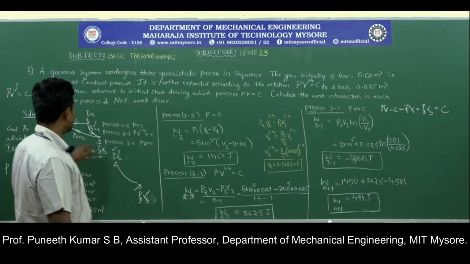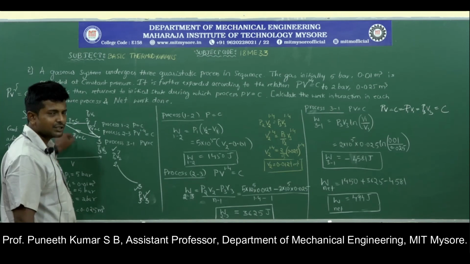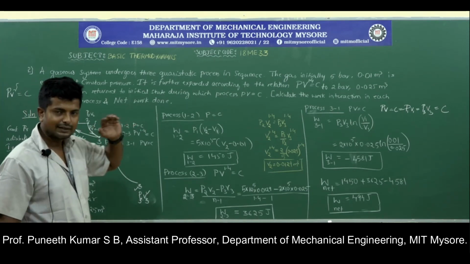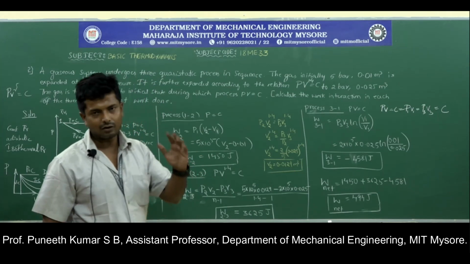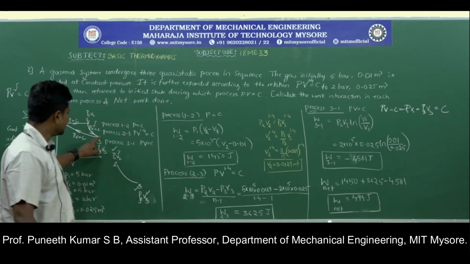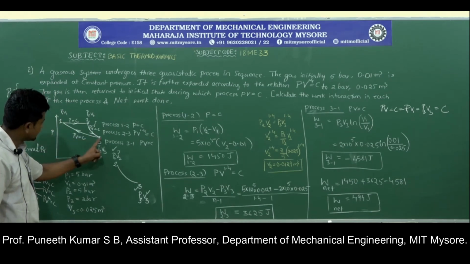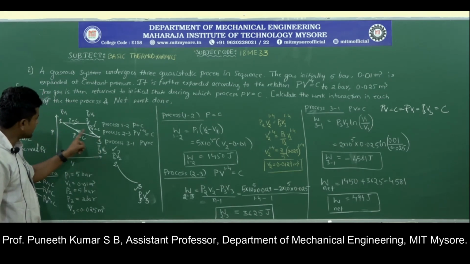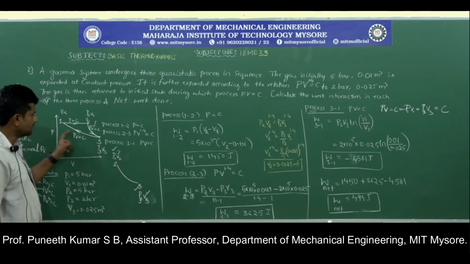Here I can say the process which is happening is isothermal compression. What does compression mean? It is the reduction of volume by increment of pressure, and both are taking place. Here we can see the reduction in volume. V3 is far greater than V1, so the volume is reducing from V3 to V1.